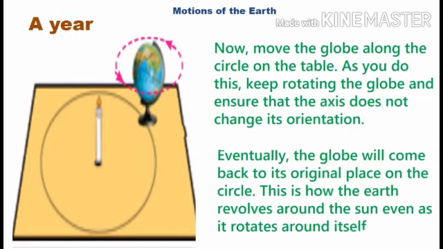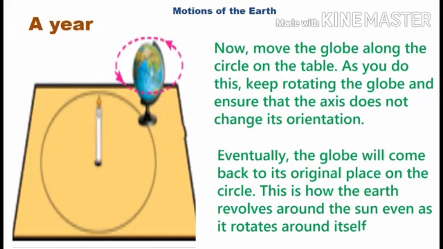This is how the earth revolves around the sun, even as it rotates around itself. So this tells us that while the earth is rotating, that is turning around itself, it is also moving around the sun. So there are two movements going on together, that is rotation and revolution.